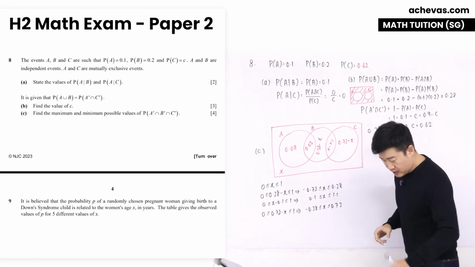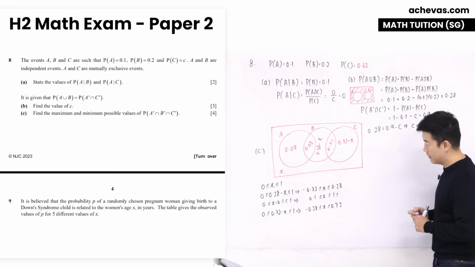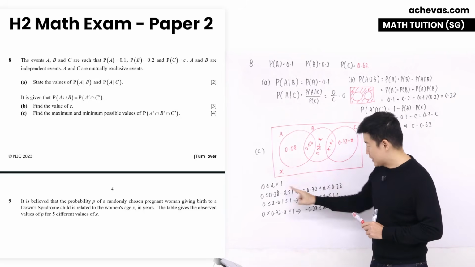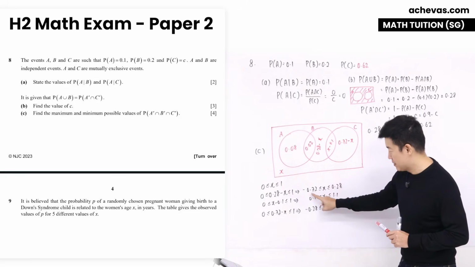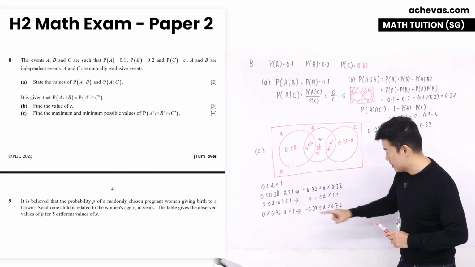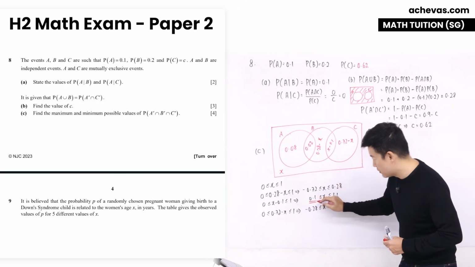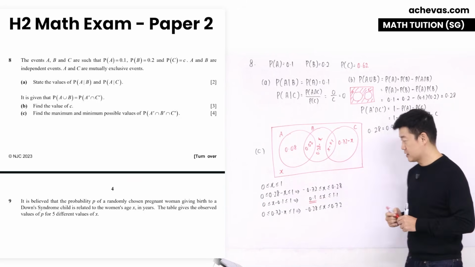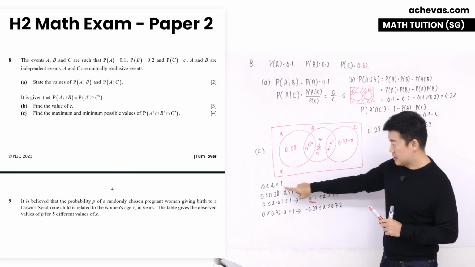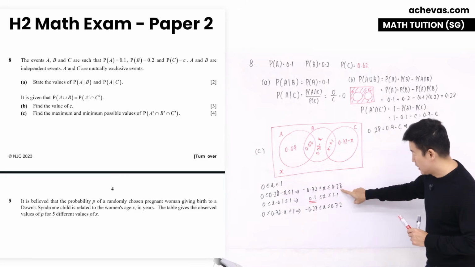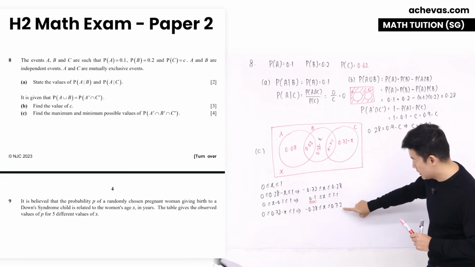Based on what we have here, X must be bigger than 0, bigger than this, bigger than this, bigger than this. So the smallest X can go is 0.1. X must be less than or equal to 1, less than or equal to this, this, and this.